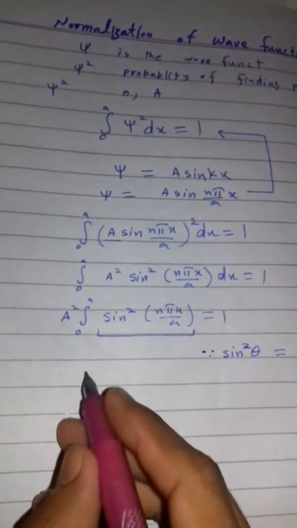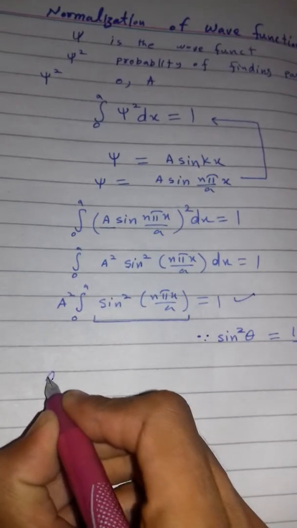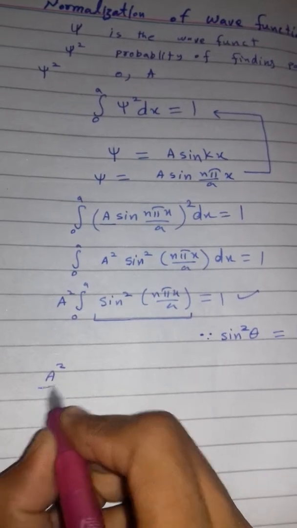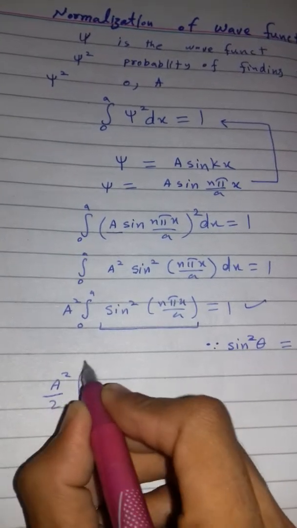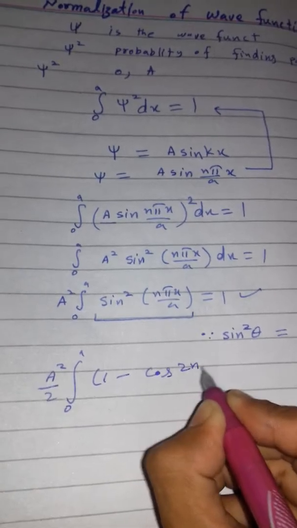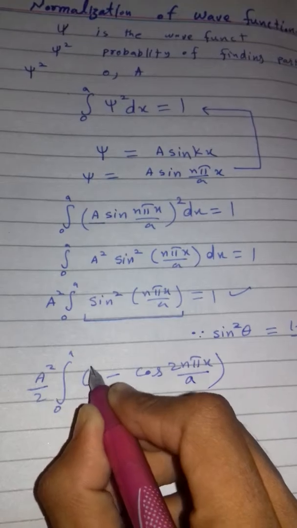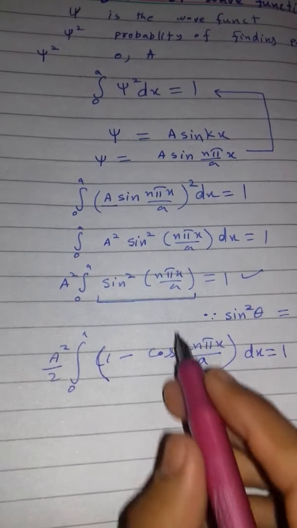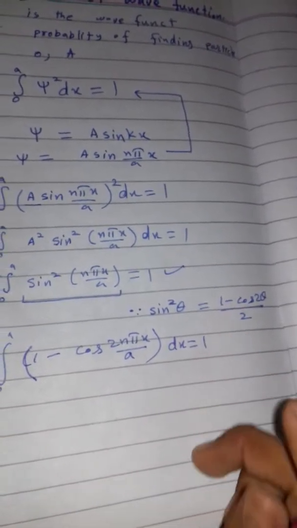Now put this formula in this expression: A²/2 times the integral from 0 to a of (1 minus cos(2nπx/a)) dx is equal to 1. I have directly written this step, where this 2 is from this formula.